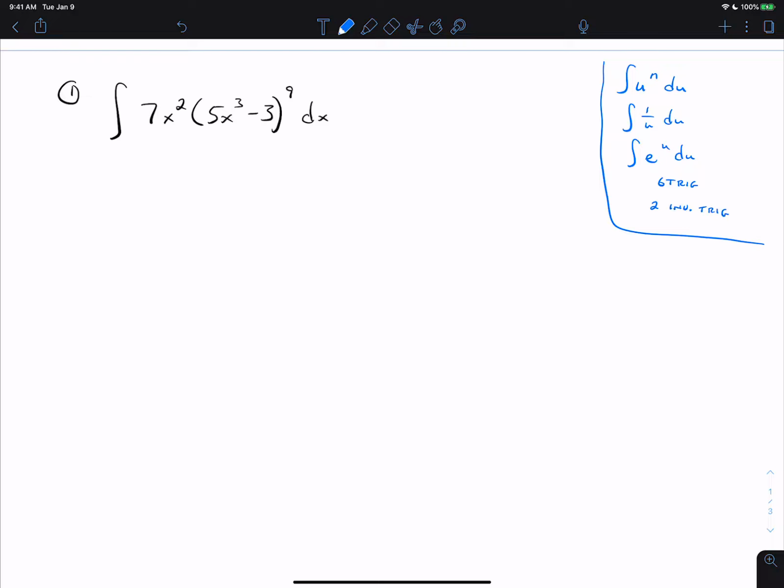And so if you notice in each of those, it's u to the power du and 1 over u du, not dx. And so when we do problems like this, we kind of follow 3 broad steps.